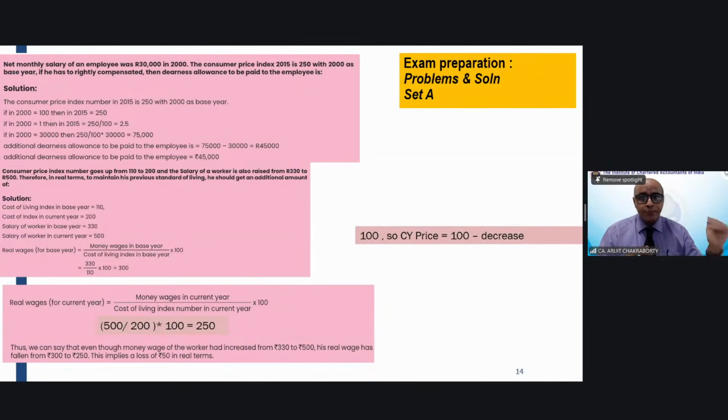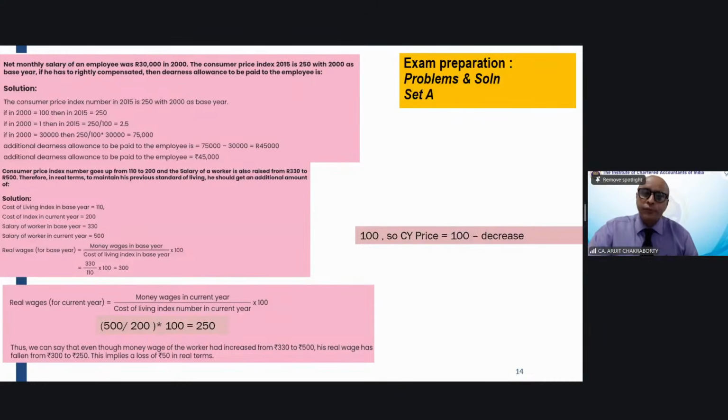What was it in the base year? The index was 110 and the wage was 330. So we got around 300, which is the real wage. In the current year, salary has increased. Very good. Salary is now 500. But the index has also increased, that is, the cost of living has also gone up. Cost of living is now 200. So what is the real wage of this worker in the current year?